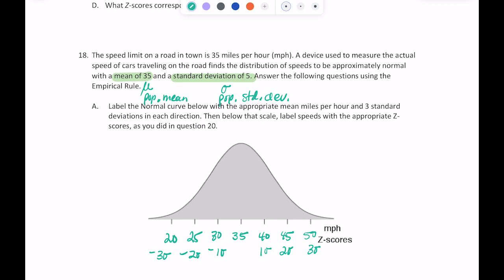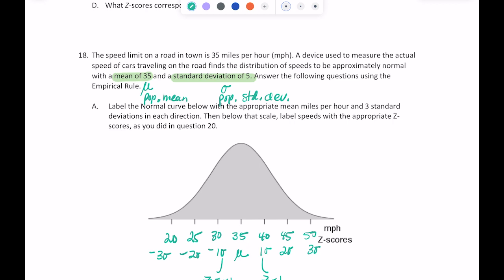So there's my normal distribution set up according to this problem. And by looking at it, I know that my mean is 35, and these are your z-scores. If you're a car that's traveling 40 miles per hour, you are 1 standard deviation above the average speed. So these represent the z-scores. That would just mean z equals 1, and this means z equals -1.